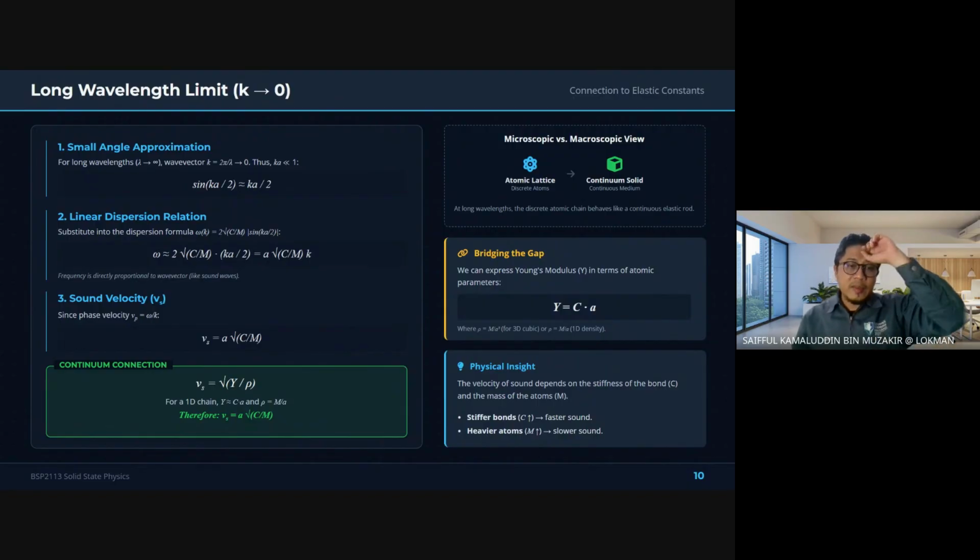Look at that, the continuum connection. We have the Vs. Vs equals the square root of Young's modulus over density. If you still remember the acoustic curve, at small k, we have the Debye model.